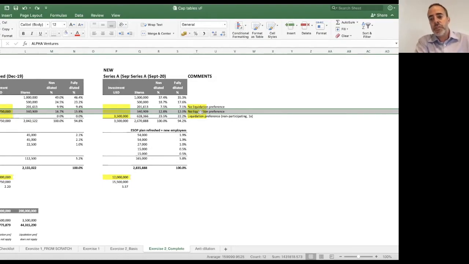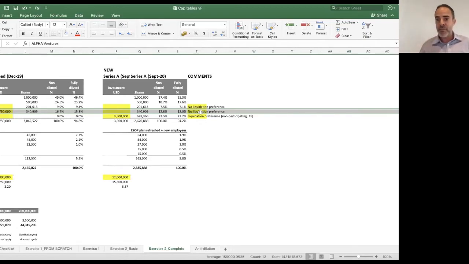This is very dangerous because this is only one round. But if you have one round and then another one and then another one, and everybody is getting their liquidation preferences, and people are getting participating liquidation preferences, and if you give a participating liquidation preference in an early round, the new investor may want that as well, right? So sometimes the rights are cumulative. It's very difficult to take away rights. In fact, a lot of investors will want to get the same rights and improve them.